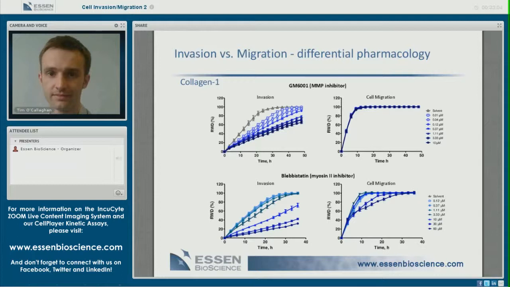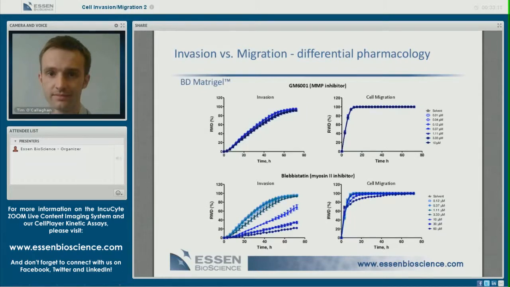We can also probe the effect that the extracellular matrix has on the cells themselves by running an analogous assay, but this time using Matrigel extracellular matrix. Under these conditions, the HT1080 cells were not affected by the presence of the MMP inhibitor GM6001 for invasion, and likewise they showed no effect for their control migration modes.